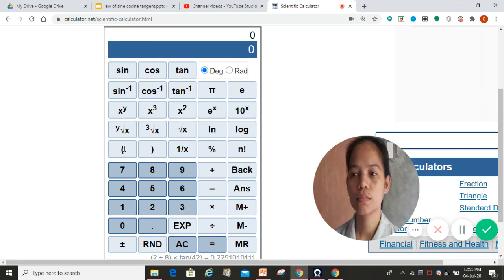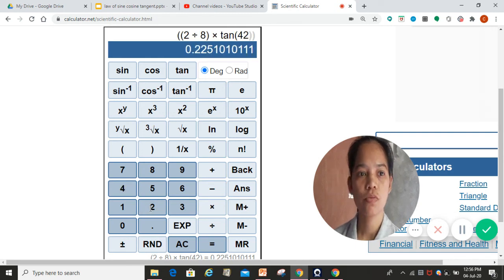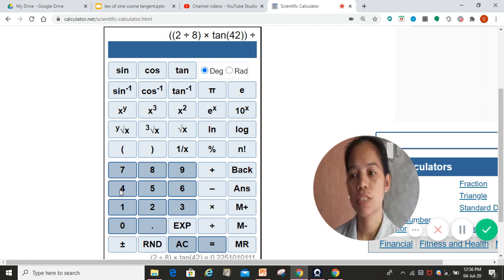Let's do it again. So 2 divided by 8, I think I need to double it. 2 divided by 8, close parenthesis, tangent of half of 84, so that's 42, close parenthesis, divided by tangent of one half.